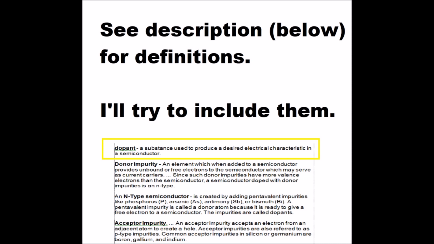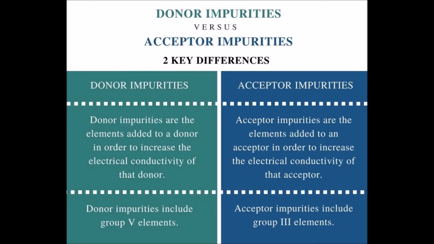Dopant. A substance used to produce a desired electrical characteristic in a semiconductor. Donor impurity. An element which, when added to a semiconductor, provides unbound or free electrons to the semiconductor, which may serve as current carriers. Since such donor impurities have more valence electrons than the semiconductor, a semiconductor doped with donor impurities is an N-type.